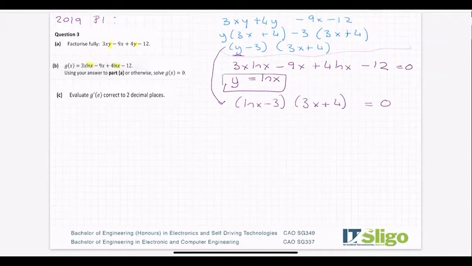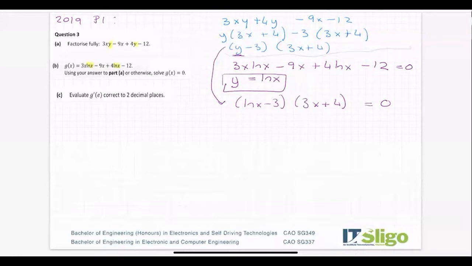And that's perfectly okay to do, and you can do it the long way to convince yourself that it's the same thing. When I say the long way, you just factor out the ln of x and you'll get 3x plus 4, factor out the minus 3 again, and you'll see you get the 3x plus 4. So you will end up with this anyway, even if you were to do grouping again. But this is the faster way of doing it.